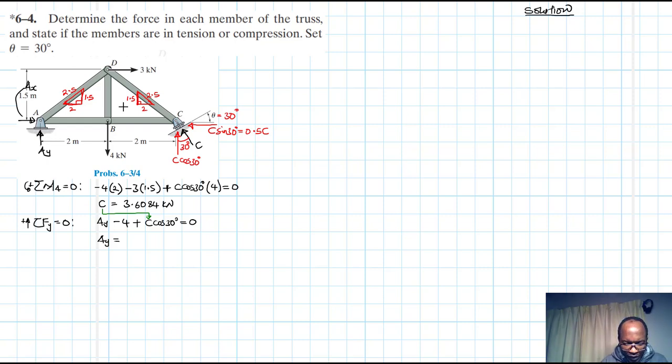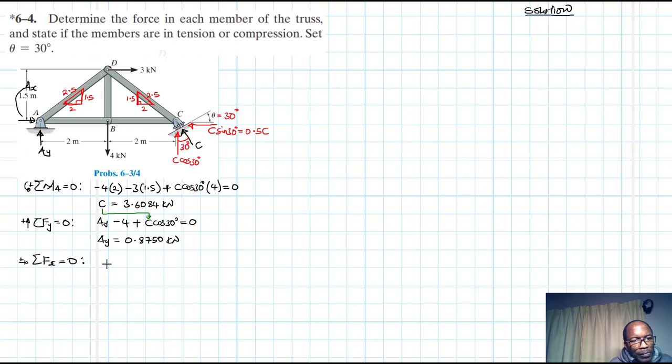So this will give us 3.6084 minus 4 plus 3.6084 cos 30. It gives us 0.8750 kilonewtons.